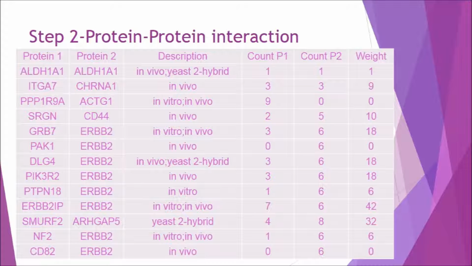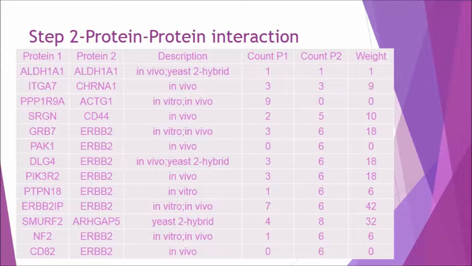And since these are pairs and they don't act in a single position, I wanted to see both of their effects. And I multiplied count P1 with count P2, and I got their weights for each one. After I did this, I ordered my pairs based on their weight from highest to least.